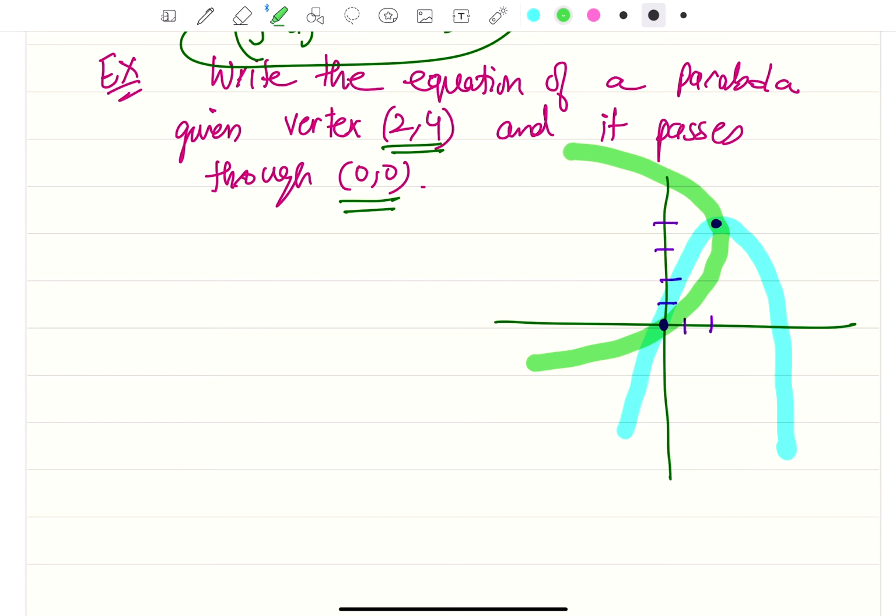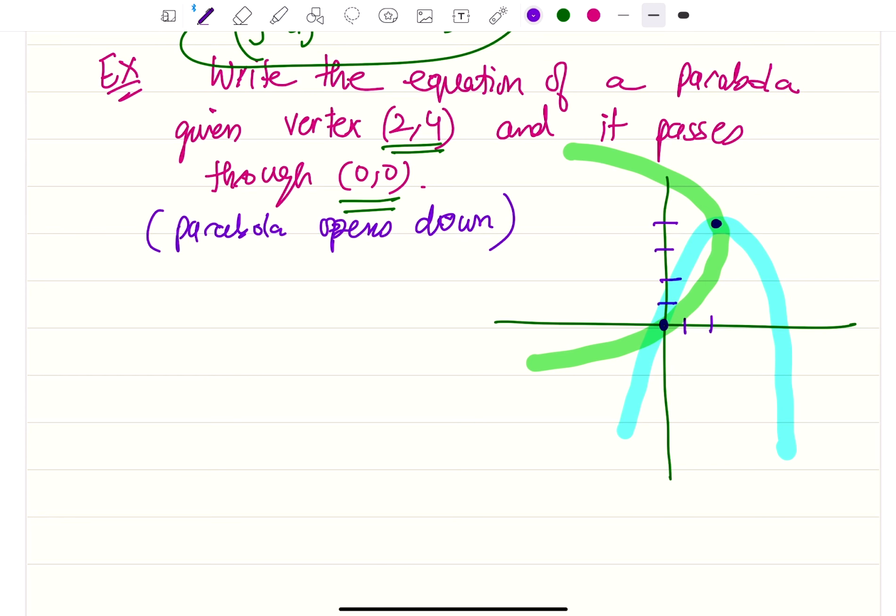So two possibilities, we can consider any if we are not given the further information. I'm just going to consider a parabola that opens down. So I'm just going to add the information that the parabola opens down. But we could have a parabola that opens to the left as well that satisfies these two conditions.